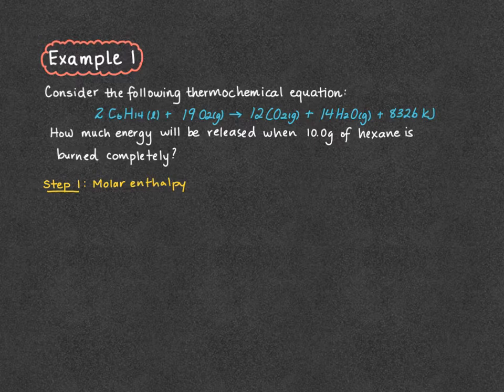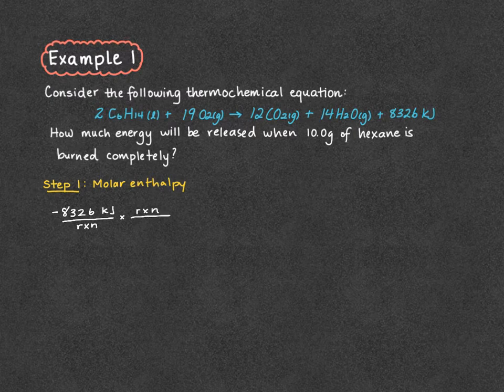So we can do this by saying that we have negative 8,326 kilojoules per reaction, and that our reaction has 2 moles of hexane. So by doing this multiplication, the reaction will cancel, and we're going to be left with kilojoules per mole.